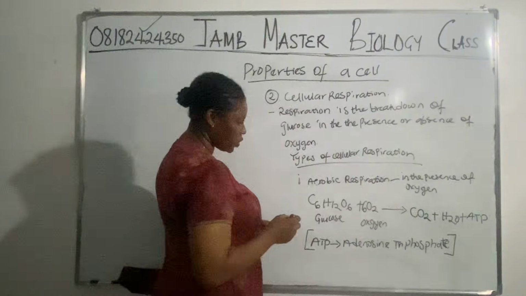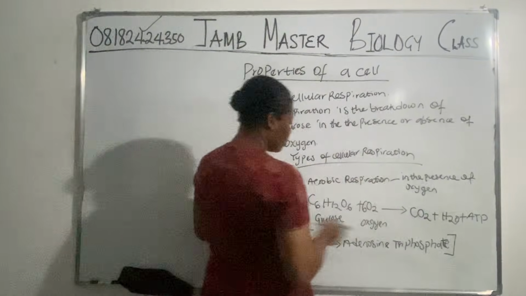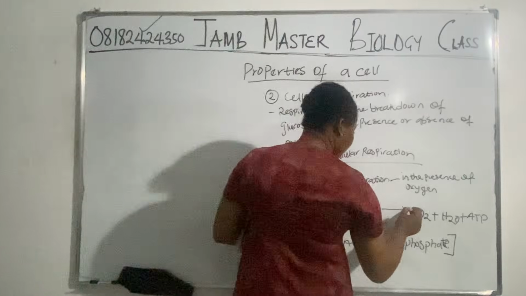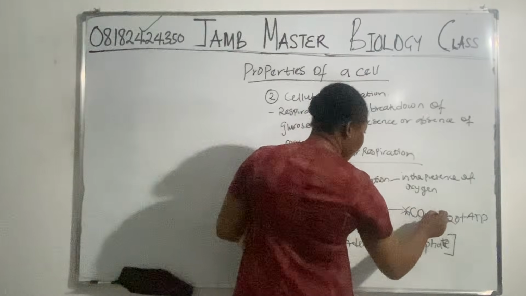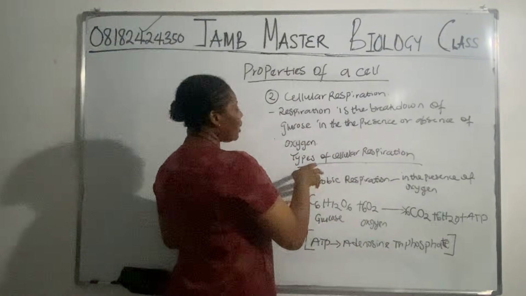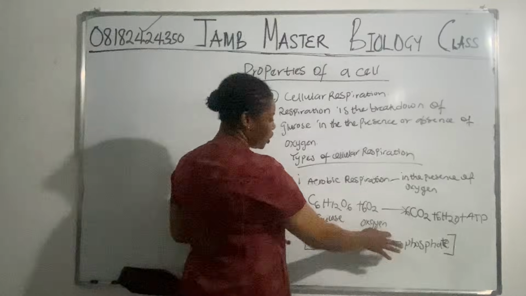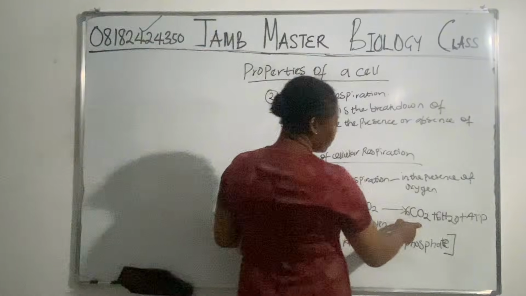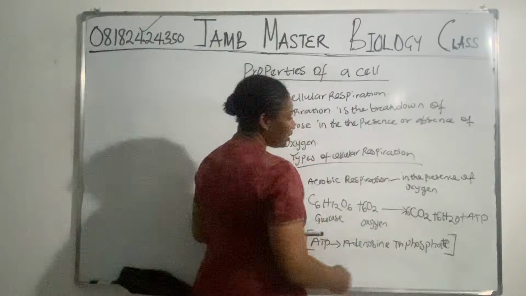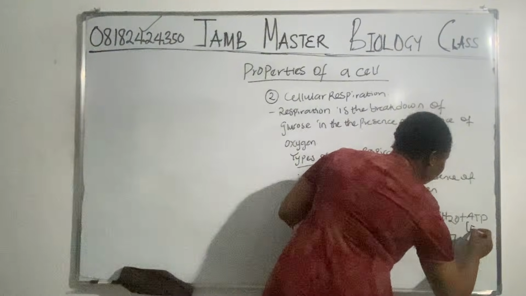Adenosine triphosphate. So balancing this equation, we are going to have 6CO2, 6H2O plus energy. So yes, when glucose is broken down in the presence of oxygen, it's going to give us this, and energy. This ATP is energy. Note, it's energy.